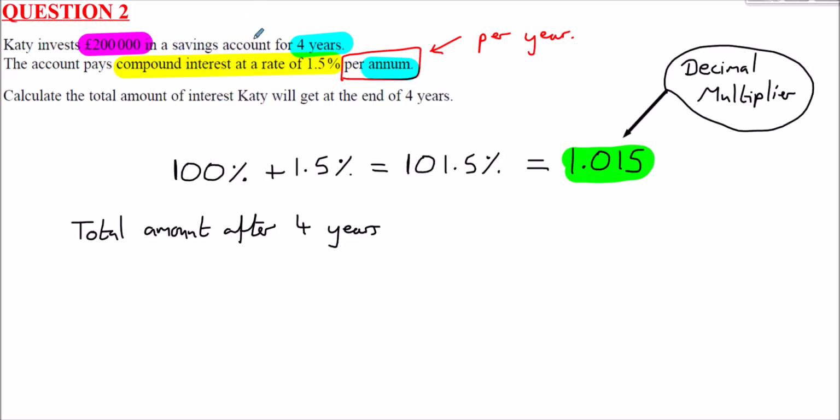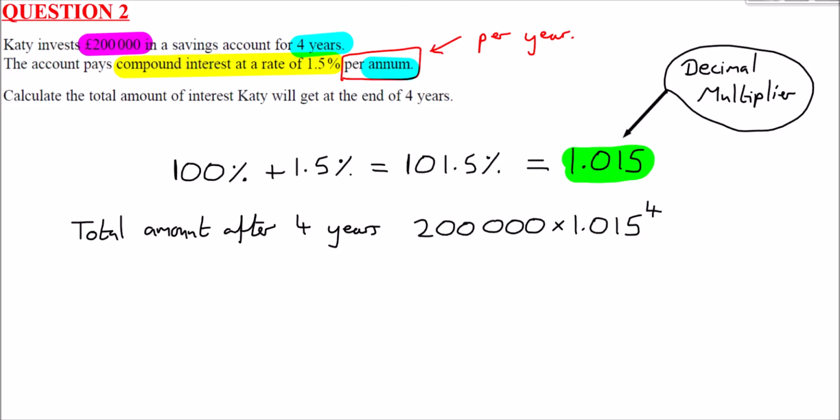So we take £200,000 and we multiply that by the decimal multiplier, and because it's for 4 years and the interest is going to be added on 4 times, we take the decimal multiplier and raise it to the power 4.